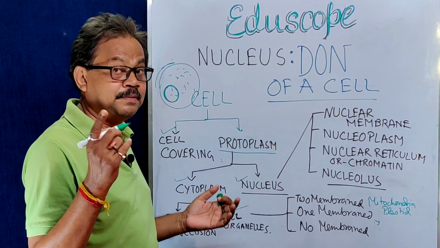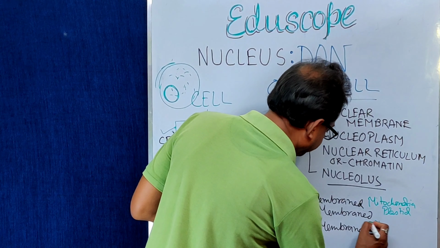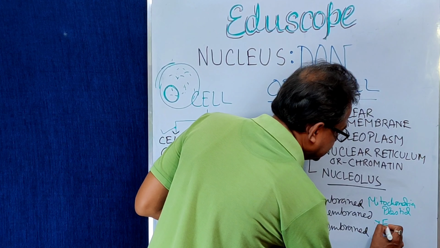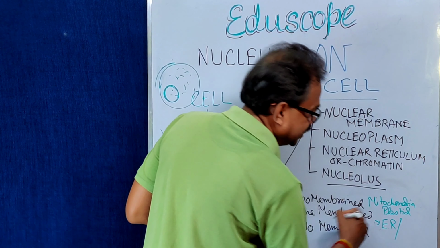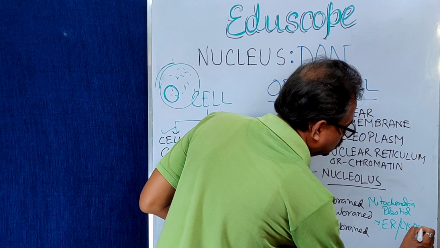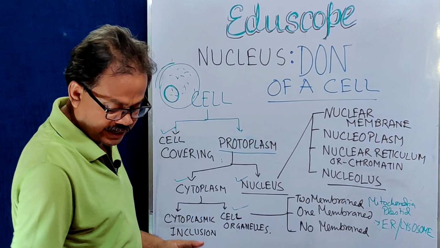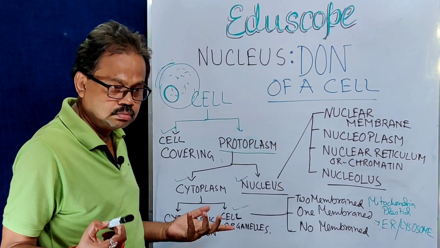You can give the example of lysosome and endoplasmic reticulum. So these are examples of one membrane: ER, meaning endoplasmic reticulum, and lysosome. And no membrane means without membrane.